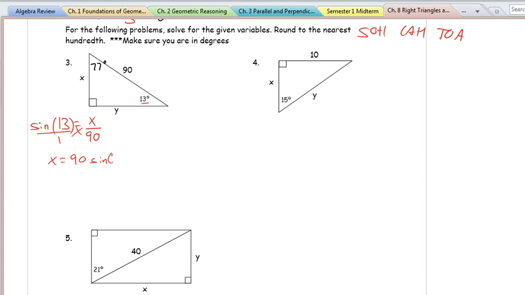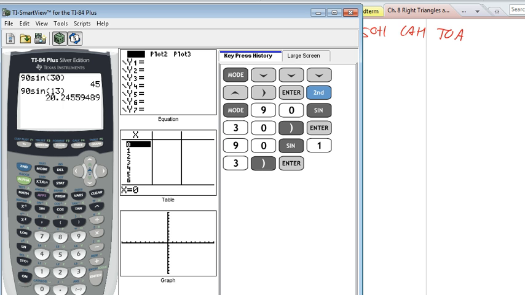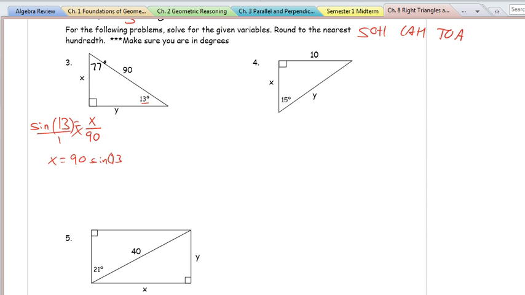It should be sine 13. I just copied it down wrong. Let's try that again. 90 sine 13, and we get 20.25. So x is 20.25. There's one answer.